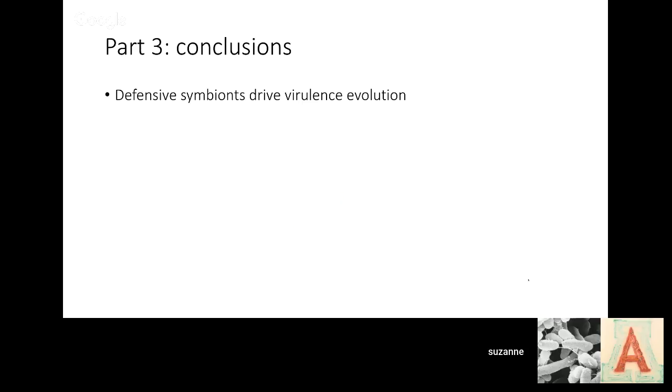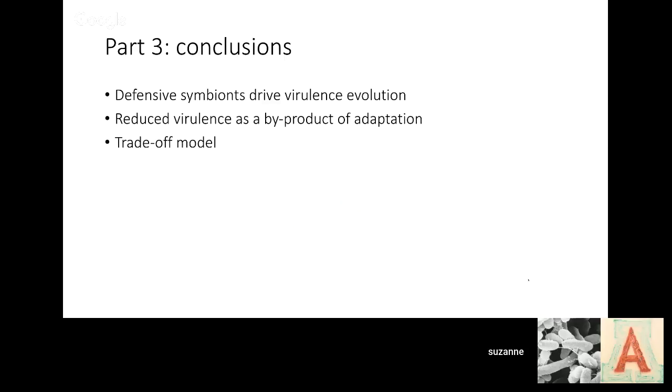And so to conclude my final part, we found that defensive symbionts were able to drive virulence evolution in the pathogen. In our case, we found that the reduced virulence was a byproduct of the adaptation to the defensive symbiont. So this data supports the trade-off model that I presented at the start of this section.